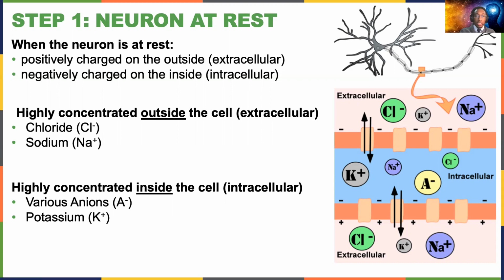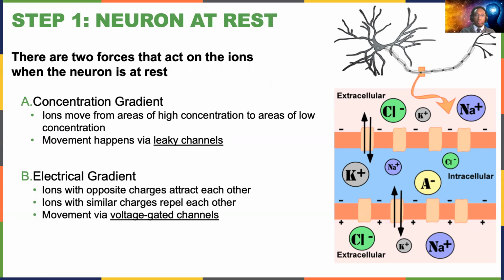On the outside of the cell, you have predominantly chloride and sodium ions, and on the inside of the cell, you have mainly potassium ions, as well as various negatively charged anions that keep the inside of the neuron and give it a net negative charge.